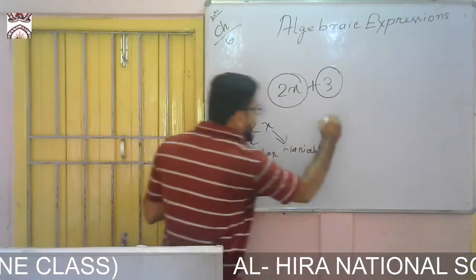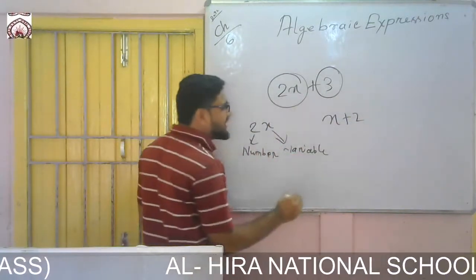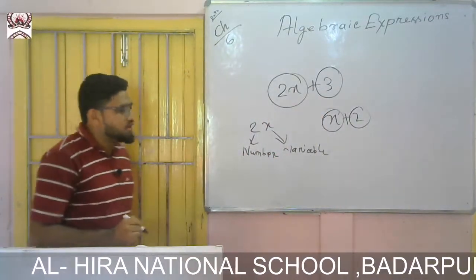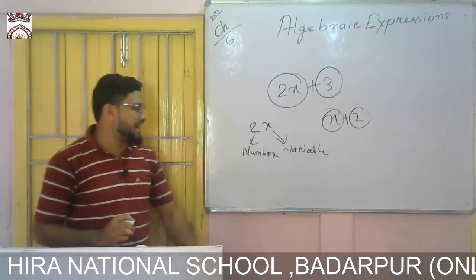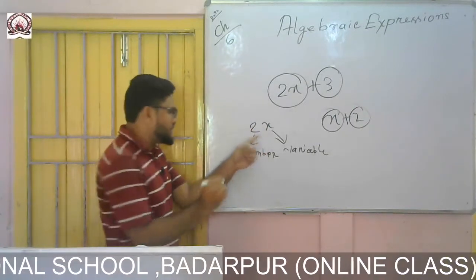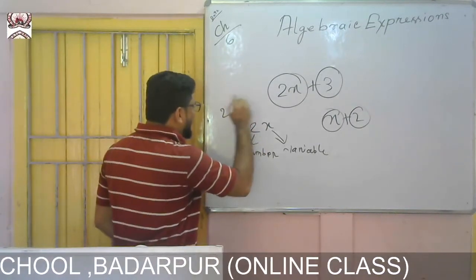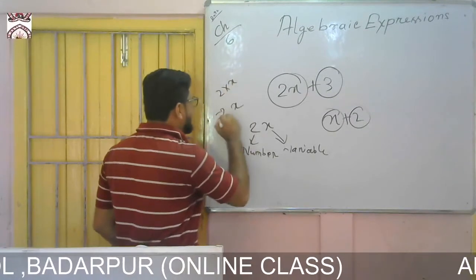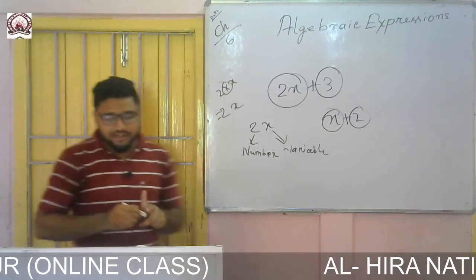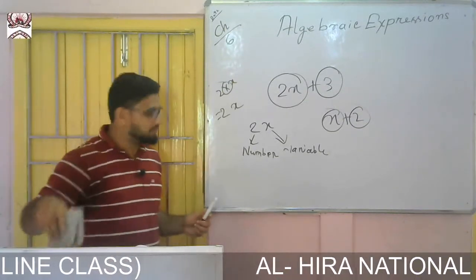So if I write x plus 2, then also x is one term, 2 is another term. Okay, so that is called a term. And their relation is multiplication, because 2x, we can write 2 into x, that is 2x. So they are with a relation here, multiplication. So that is called a term.